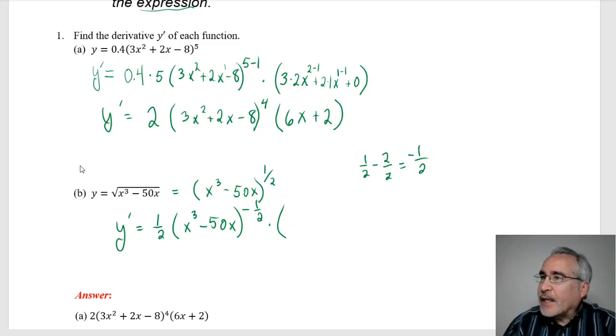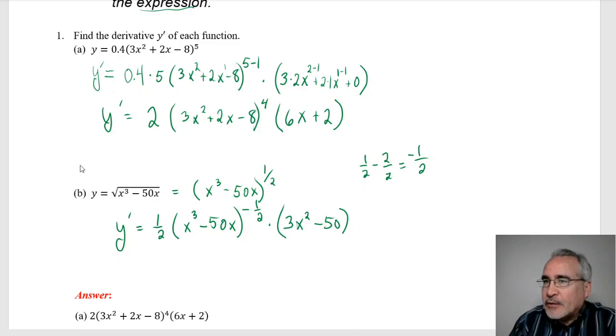Nothing's happened to the inside. Now is the time to deal with the inside part. So the derivative of the inside part, the 3 comes down. We get 3x squared minus 50. The 1 comes down, so that gives us a minus 50. The derivative of x is 1. So that's what it is. We could leave it like that. You'll see I think they simplified it just from the peek we had because this negative exponent goes down.